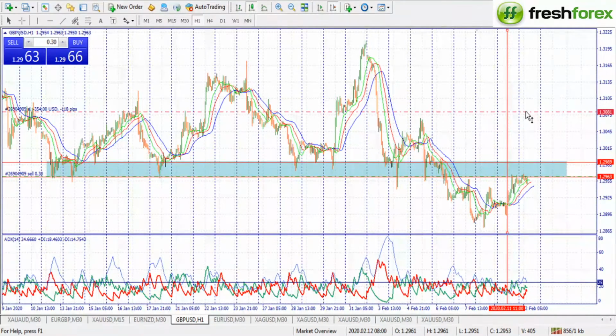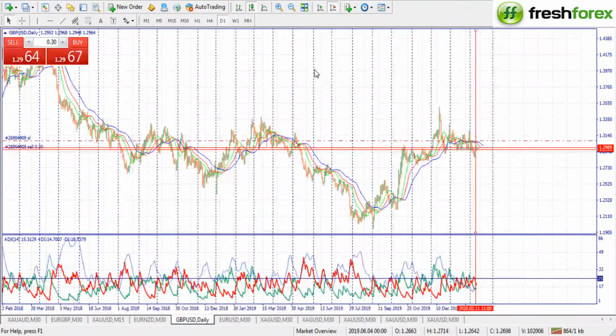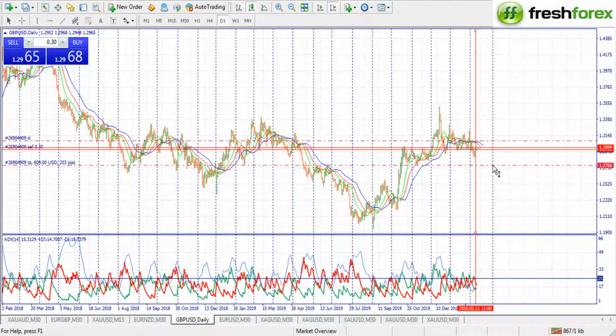Have your stop loss above 1.3076, and then fix your take profit around this level, which is 1.2760. So if you look at this chart now, hold for a sell, sell it as I'm speaking now, have your stop loss above this level, and fix a take profit here.